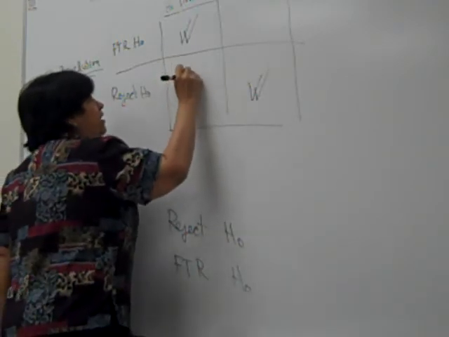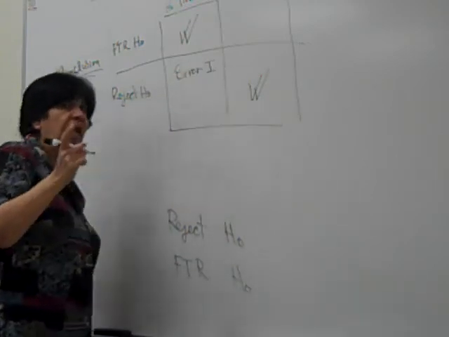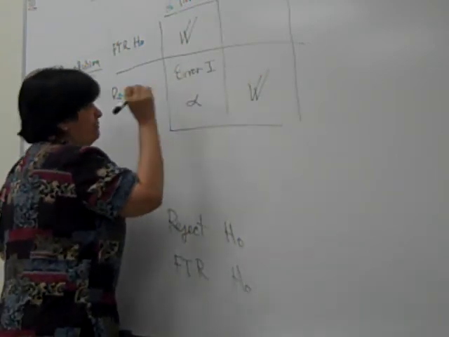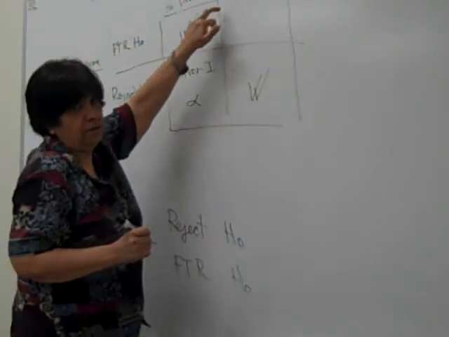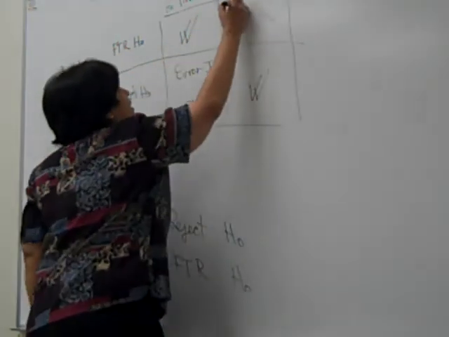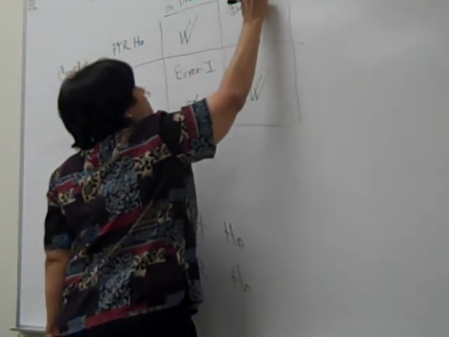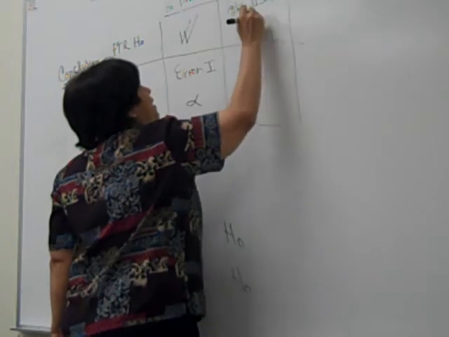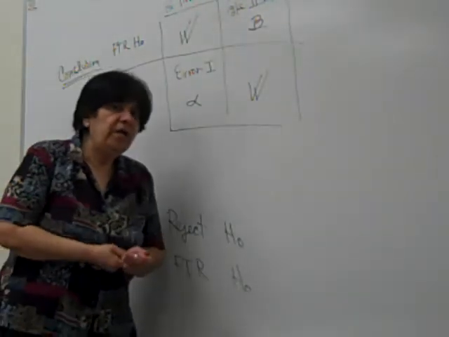This is called type 1 error, and its probability is alpha. And when we fail to reject a false null hypothesis, we are committing the type 2 error, and its probability is beta.